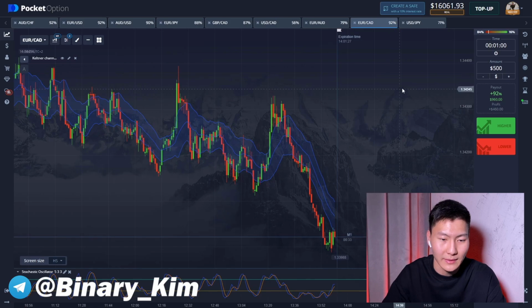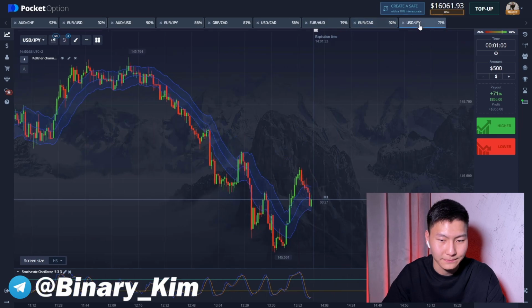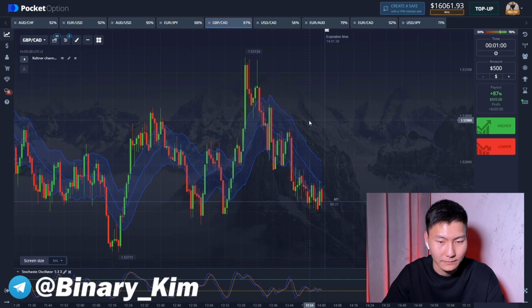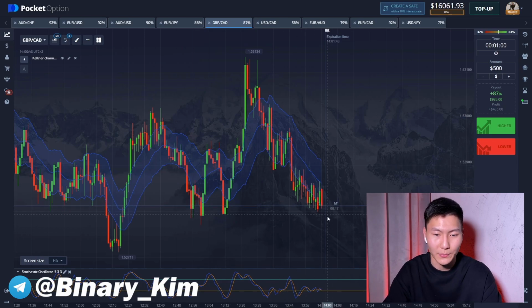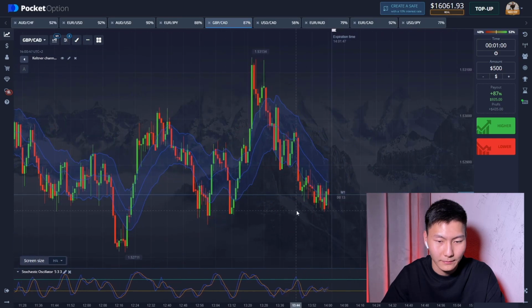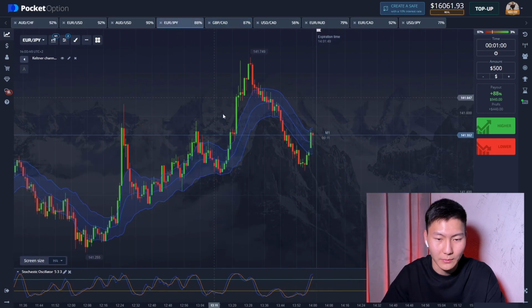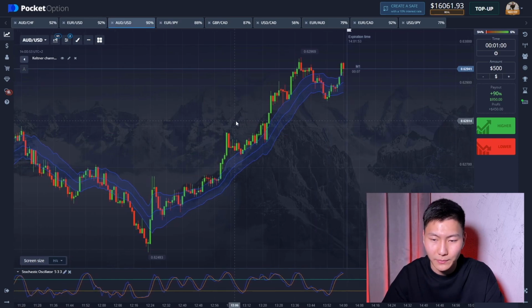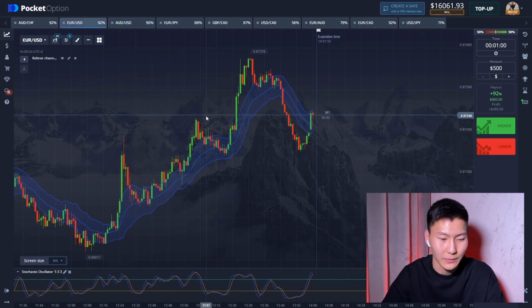So let's find another currency pair. Let's continue analyzing, guys. We see the touch of the support zone, the price kind of going sideways. I think we should slow down here. By the way, the payout rate is not good. What do you got here?